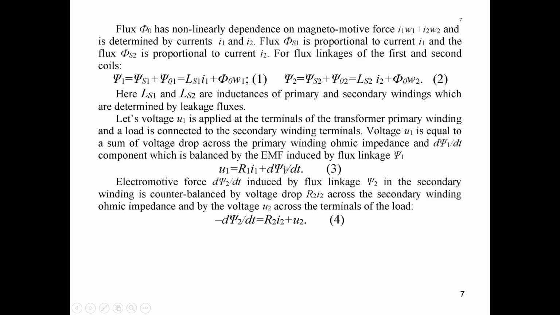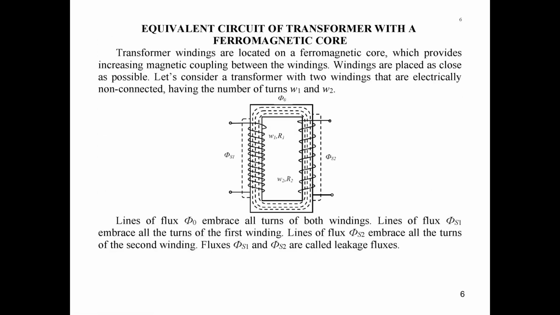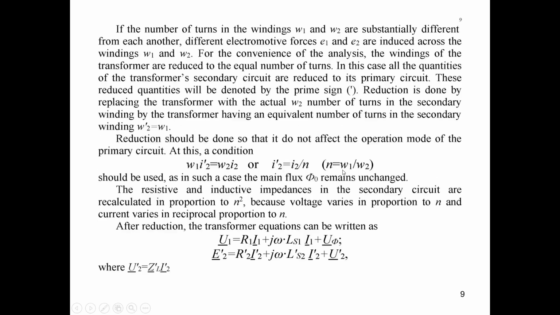If we transfer this dψ2 by dt to the left, it will be with minus. So it will be the same equation, but here we have U1, the applied voltage, and here we have U2, the voltage drop across the load which connects these terminals of the secondary winding.